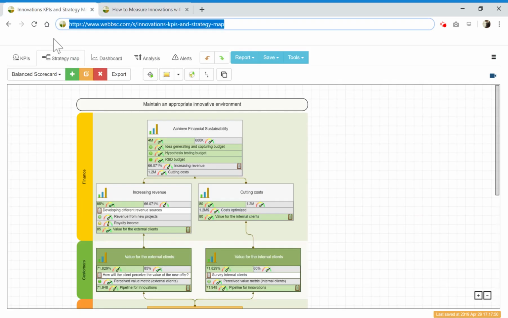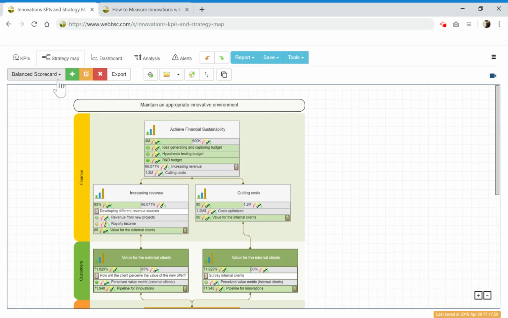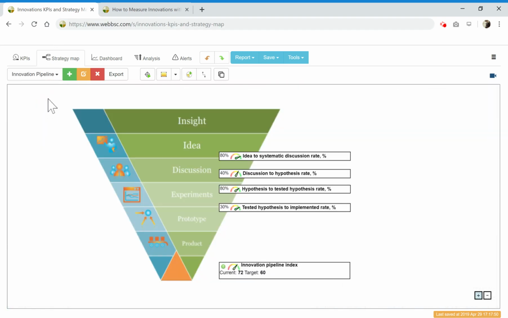So let's get started with the innovations. I have here a strategy map, but I prefer to start with this picture, an innovation pipeline. So how innovations happen in any organization.